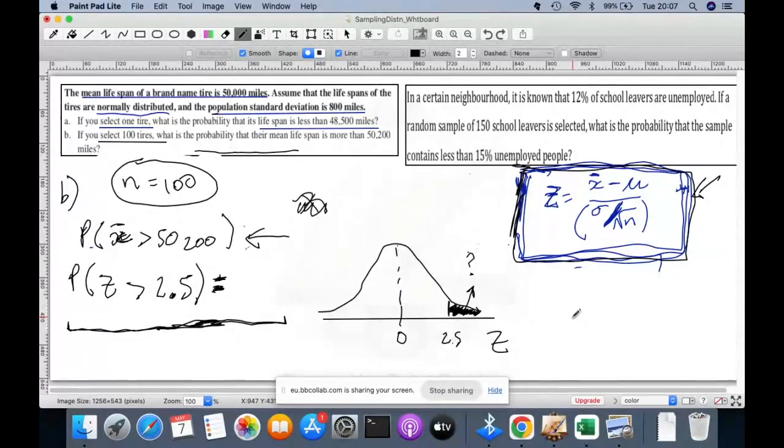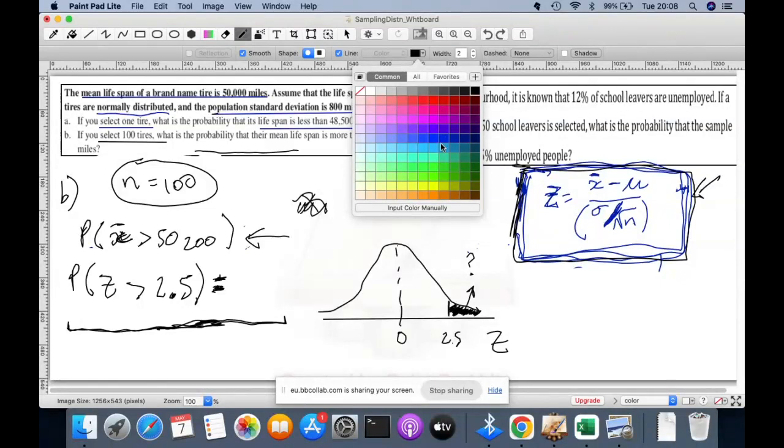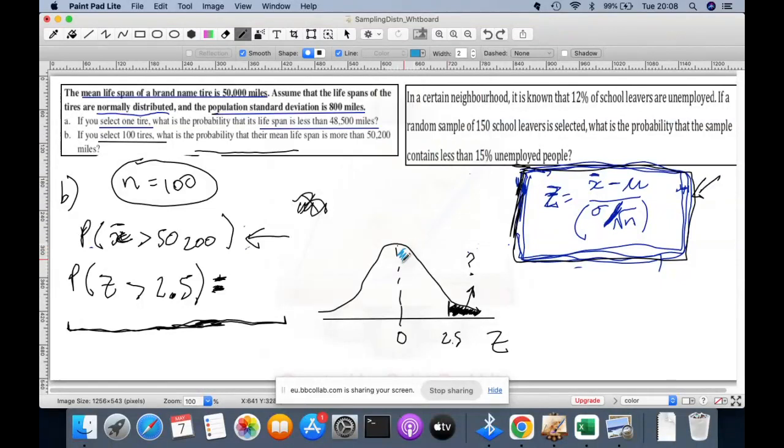Okay, so let me show how you get the answer. Remember, in our textbook, or in your formula sheet where you have the tables, you would have this area shaded in whatever color, because your table gives you the area from 0 to whatever z value. So your table will give you this blue area that I'm shading.